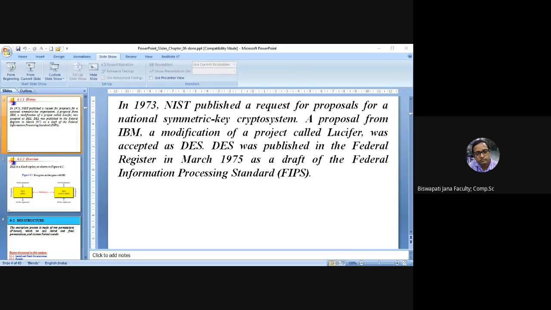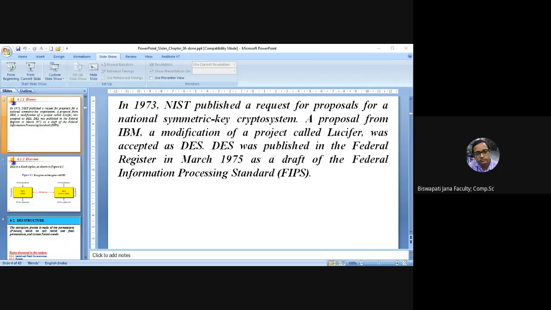The encryption process is made of 2 permutation P-boxes, which we call the initial and final permutation, and there are 16 Feistel rounds. Already we have discussed in the previous class what a P-box is and how this Feistel round has been made using the P-box. And again we will discuss a few points on the P-box and how these Feistel rounds are used to encrypt the message using DES.